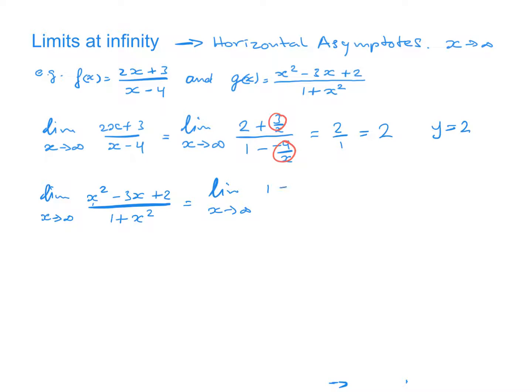So it's (1 minus 3 over x plus 2 over x squared) all over (1 over x squared plus 1). And again, we will see this is going to be 0, that's going to be 0, that's going to be 0. So the outcome is 1 over 1, which is 1. The horizontal asymptote is y equals 1.